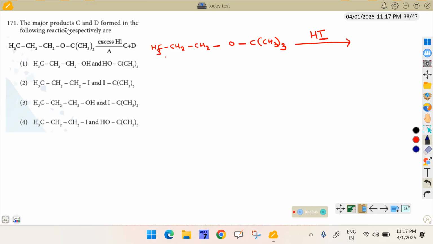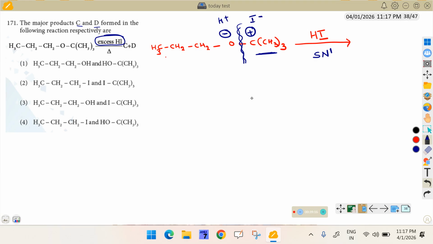Major products C and D formed in the following reaction respectively. Ether reacts with excess of HI. In this ether, a 3-degree carbon atom is present, so it follows the SN1 mechanism. Break the bond here. Positive charge, negative charge, H plus, I minus.